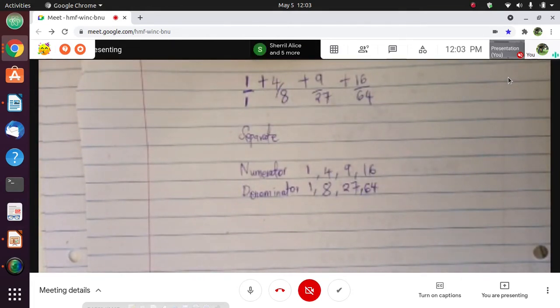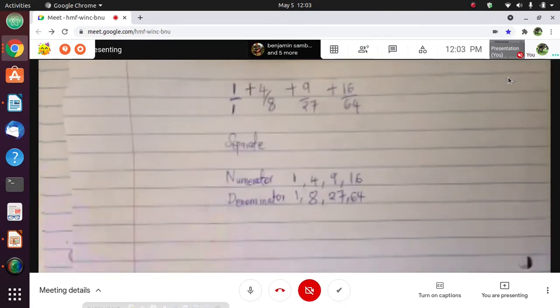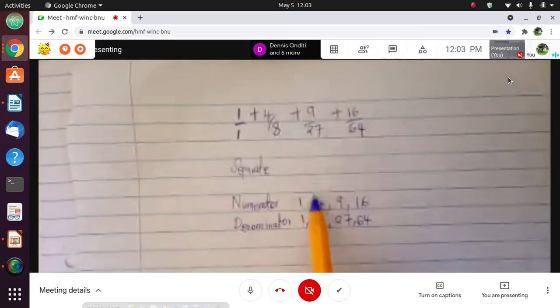Will this be an arithmetic or a geometric sequence? Let's start with the numerator. Is the numerator geometric or arithmetic? When I take 4 minus 1, how much do I get? 3.